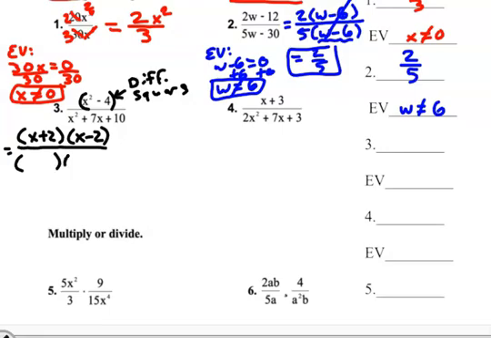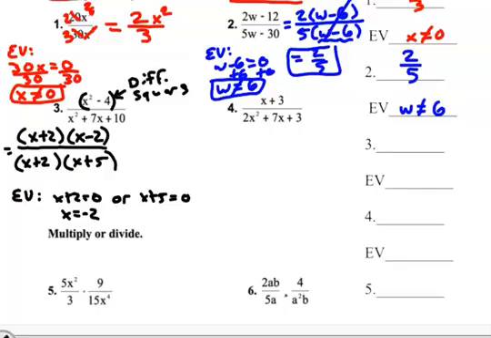The bottom, two numbers that multiply to 10 that add to 7, would be positive 2 and positive 5. 2 times 5 is 10, 2 plus 5 is 7. Again, I'm going to cross off the x plus 2's, but before I do that, I need to set x plus 2 equal to 0, and x plus 5 equal to 0. So there are two ways the bottom could be 0.